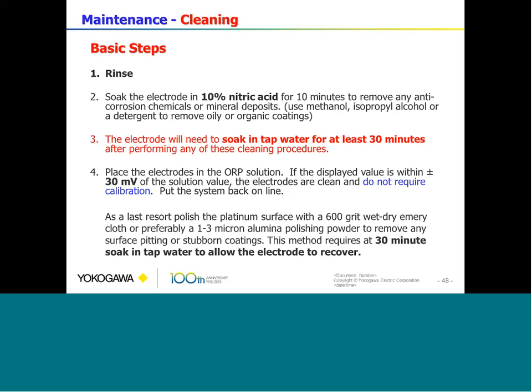If the nitric acid doesn't work, then you're stuck with something a little more difficult, where you might use an alumina powder or something a little more aggressive to get the process off of the electrode. And again, after that, whatever you use on it, you're going to need to let it soak for about 30 minutes before you can use it for measurement again.